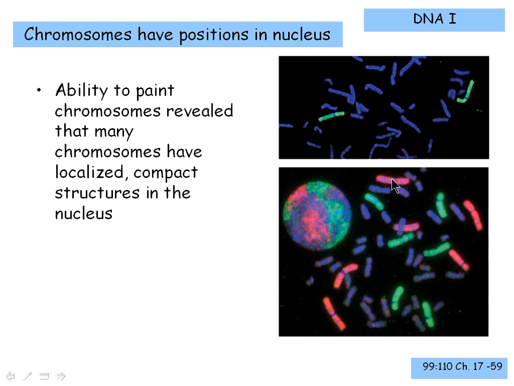For instance, this pink chromosome, we can see exactly where it's located. This has led us to do a lot of different experiments and see which chromosomes contain more actively transcribed genes and which ones are maybe more silenced.